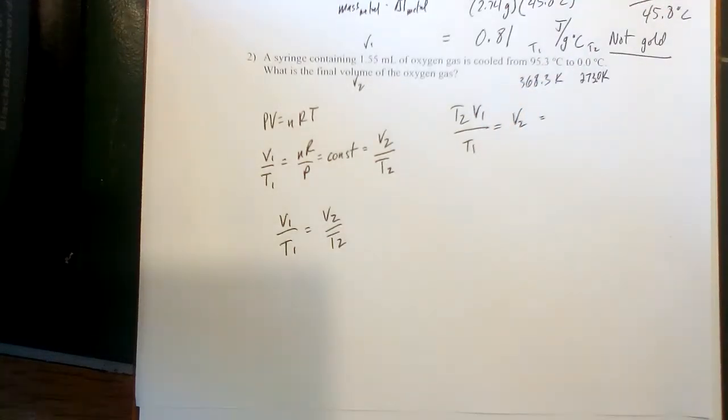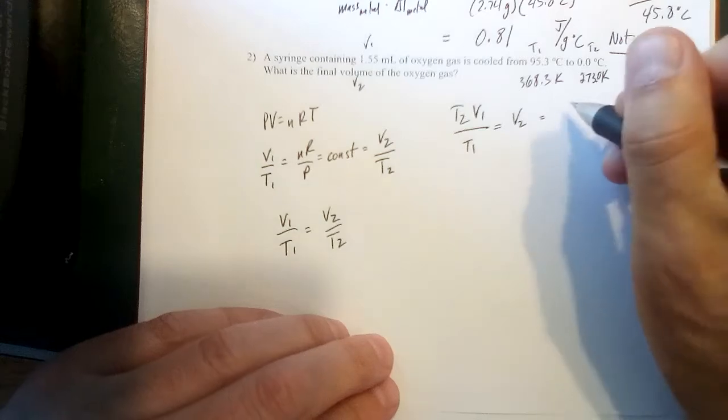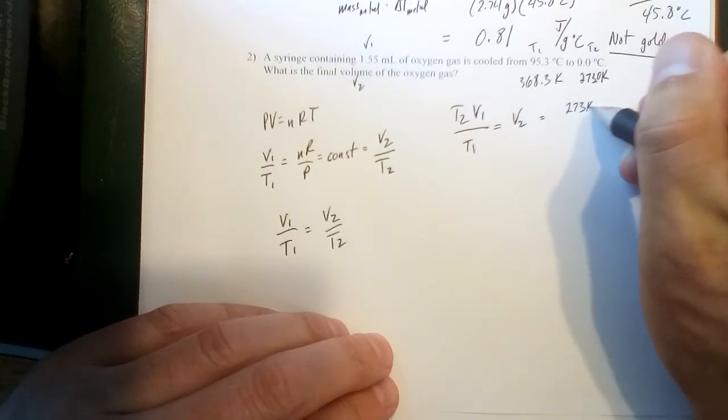Okay, and we're just using 273. It's actually 273.15, but generally if our temperatures are significant to the ones place, that is reasonable for the conversion. So T2 is 273.